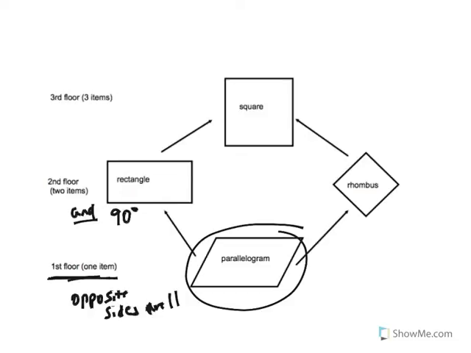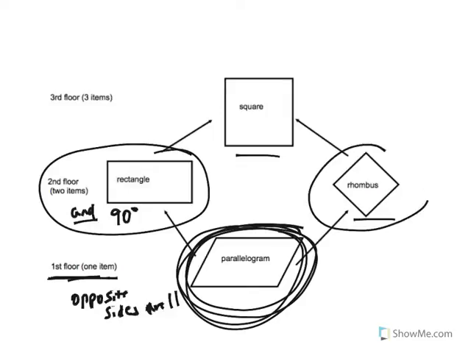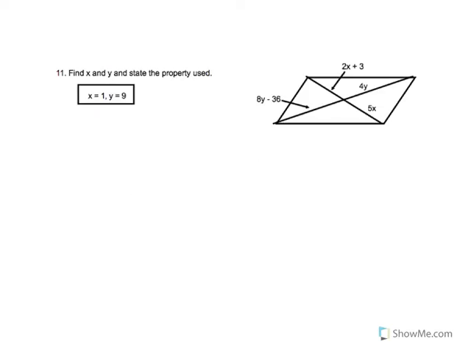And then we'll go on to the other properties that we have to prove for a rhombus and a square. But basically, the parallelogram has the least amount of properties, and the rectangle has two properties you have to prove. The rhombus has two properties, and the square is the best figure. It has the most properties.